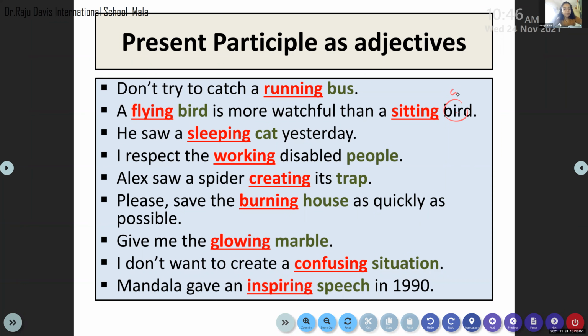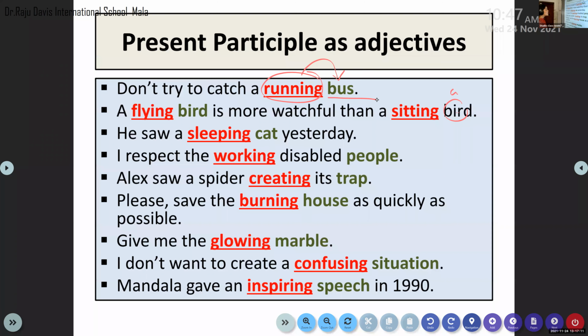So I have placed my present participles, which end in ing, before the nouns in the sentence, and these words are used to qualify the nouns. So these are examples of present participle used like an adjective before a noun.